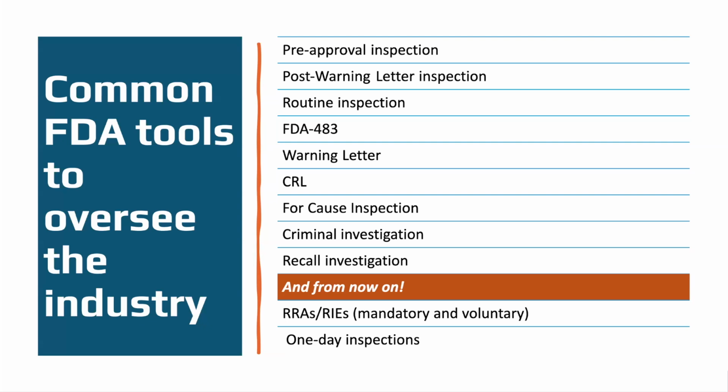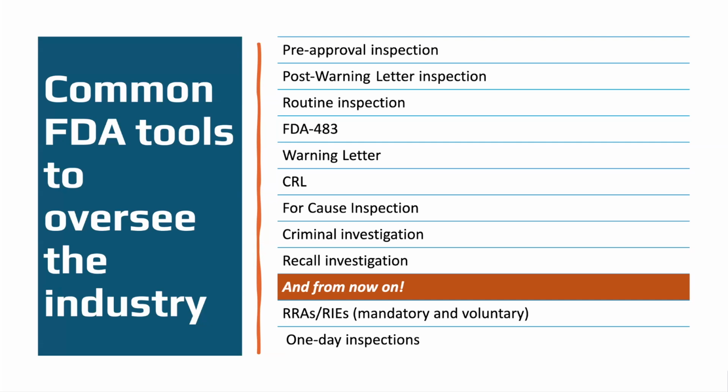If you get a warning letter because of an inspection, then more than likely the FDA is going to do a follow-up inspection to that warning letter. And then, of course, by statutory requirement, the FDA is supposed to perform routine inspections, typically every 2 years for the pharmaceutical industry. And this is just another form of inspecting.